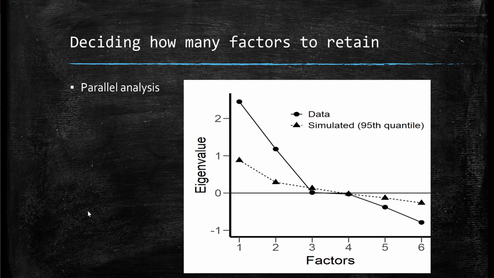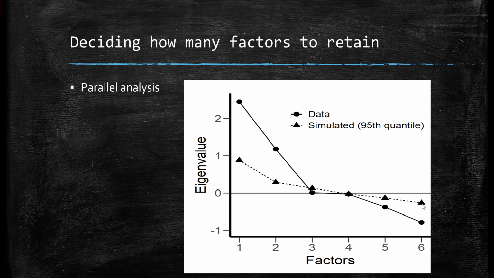So a better approach to determine how many factors to retain is to do something called a parallel analysis. What a parallel analysis will do is simulate a large number of data sets with the same number of participants or respondents or cases and the same number of variables.